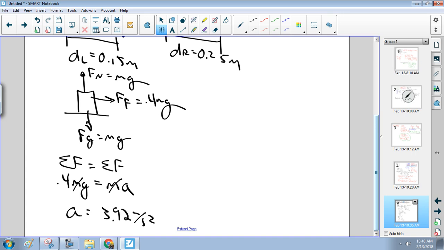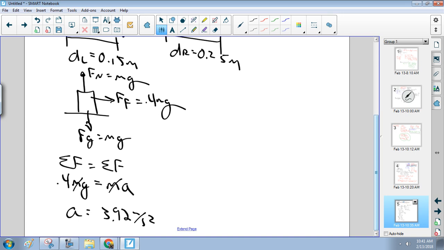Oh, and then you've got to use 2a delta x. Oh, it sucks. It does suck. All right, are we good up to there? All right, so now there's two ways you could do this. Option one is you could find the work done by friction, because now we know the force of friction, and we know the distance. That's not the way that I would do it, just because it doesn't seem as intuitive to me.